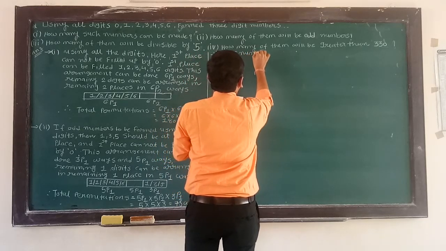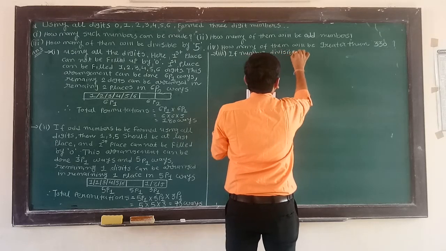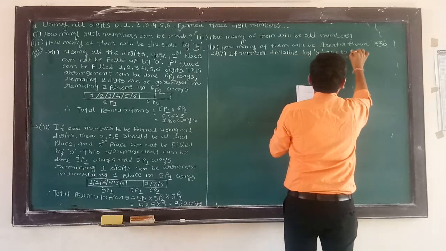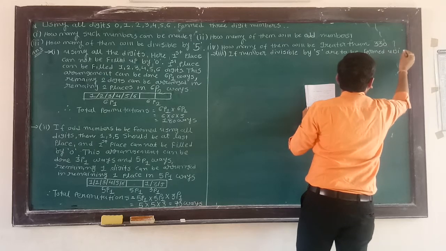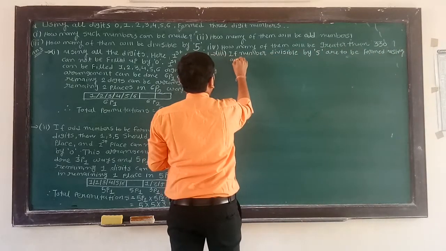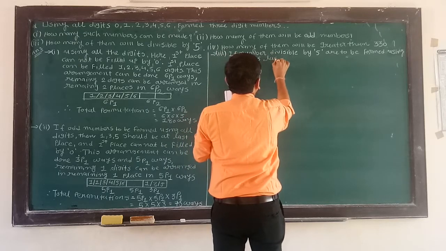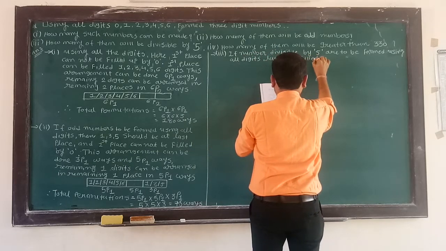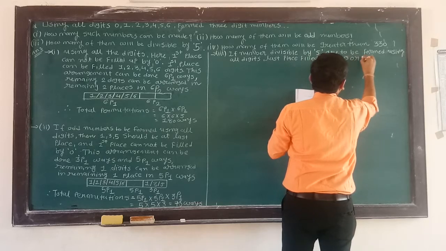If a number divisible by 5 is to be formed using all digits, the last place is filled with 0 or 5.